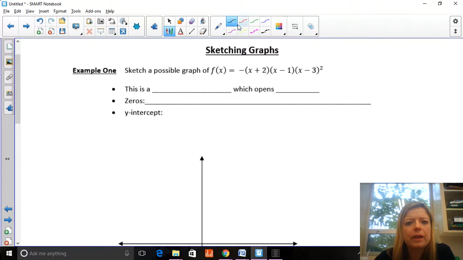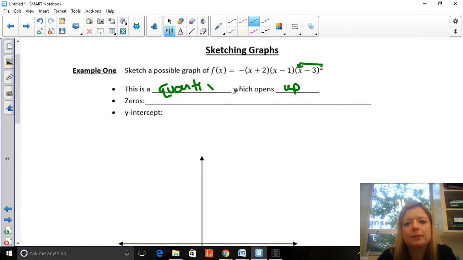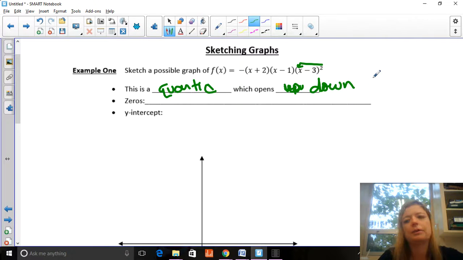So you hopefully recognize that there's an x, so 1, 2, and then 3, 4. So this is a quartic because there are 4 x's, and it opens down, since the leading coefficient is negative.